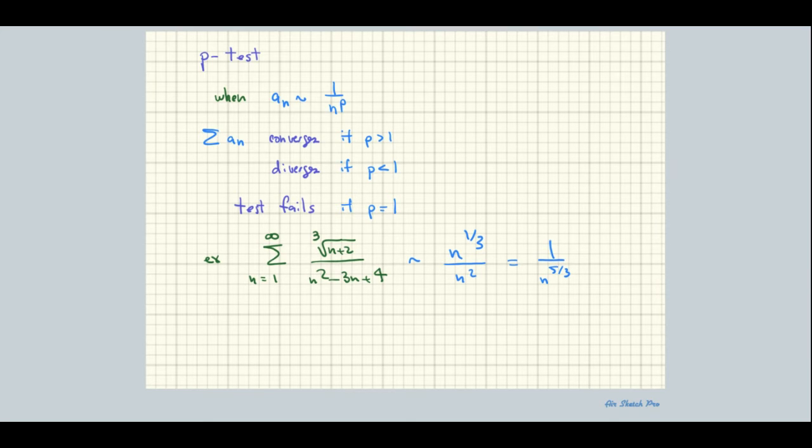Unlike the ratio and the root tests, where the next two tests we're going to look at today are always of the form less than 1 is good and greater than 1 is bad. But this one turns it around. And again, this test fails if p is equal to 1.